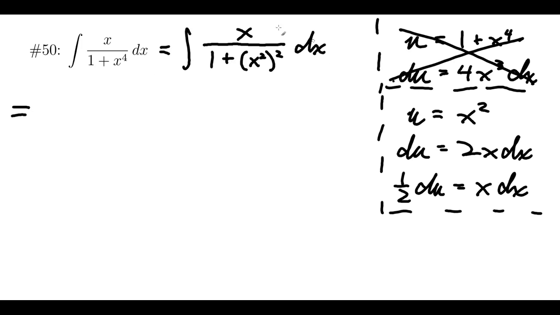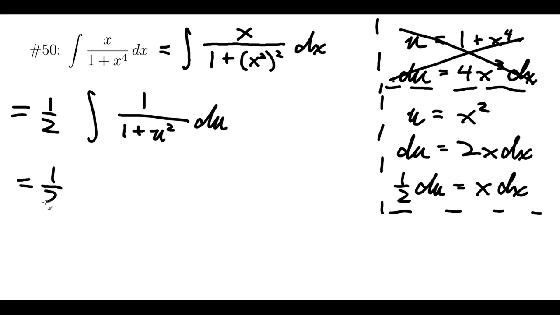So this integral that we have is equal to, we can have a half out front, an integral of 1 over 1 plus u squared du. Or we could just put this as du over 1 plus u squared, but here I wanted to pull this out to make it a little bit easier to see what's happening. 1 over 1 plus u squared is a derivative of a known function, right?